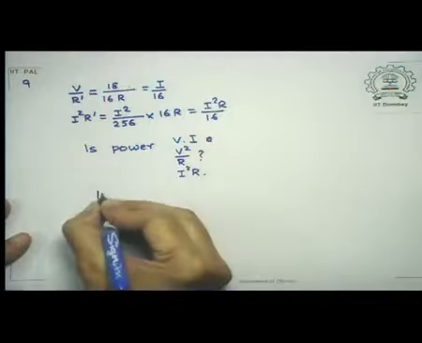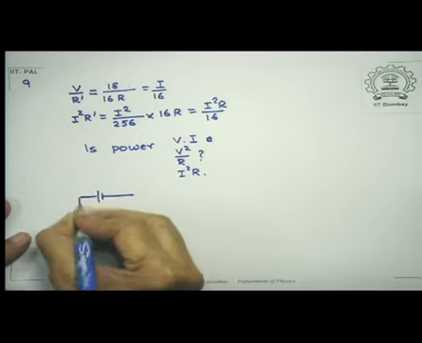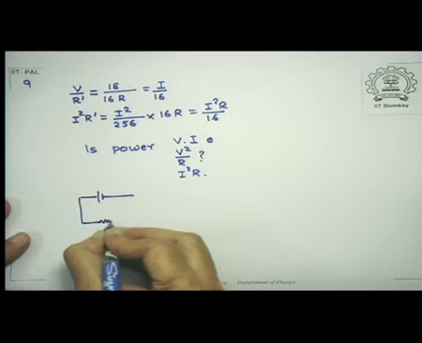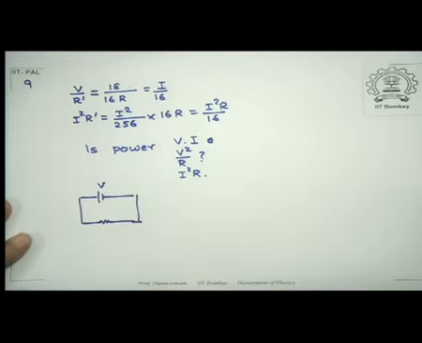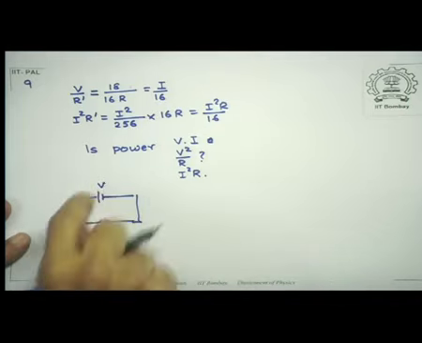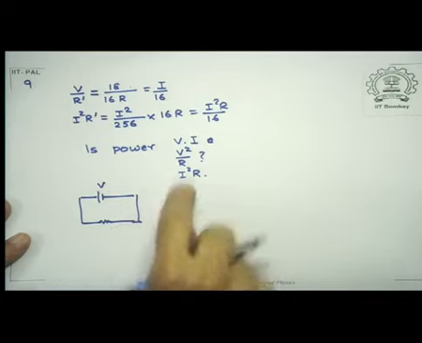Now look at what difference it makes. I'll give you a small example. Let's look at this situation. The potential drop is V. Whatever I have done here is right. No problem. All the three formulae are the same.